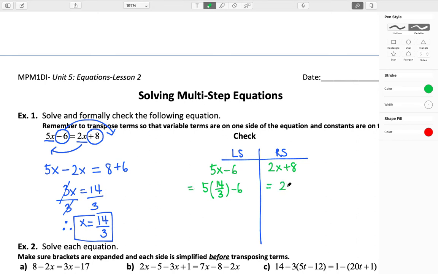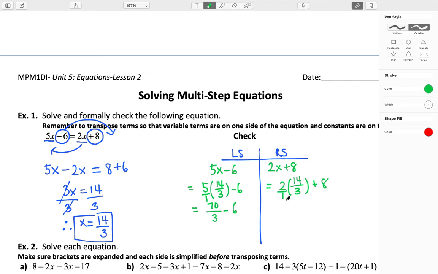On the right, 2 times 14 over 3 plus 8. When you multiply, 5 times 14 is 70 over 1, because there's an invisible 1, so 1 times 3 is 3, minus 6.